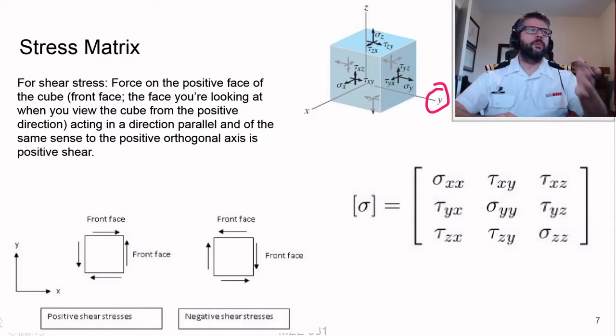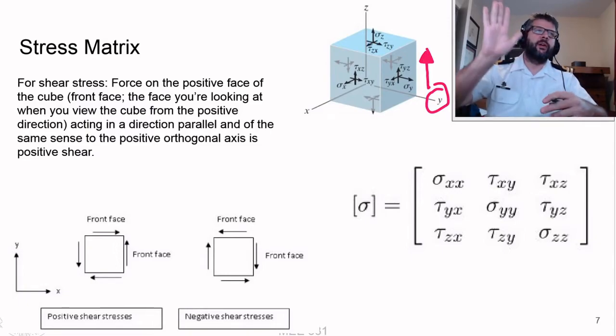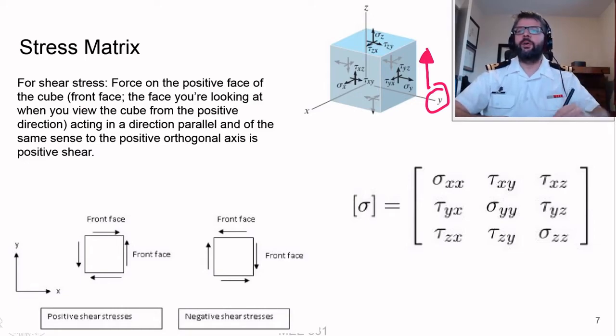So if it's on the positive face of the cube and it's acting in the positive direction of the other axis it's talking about, then that's a positive shear stress.